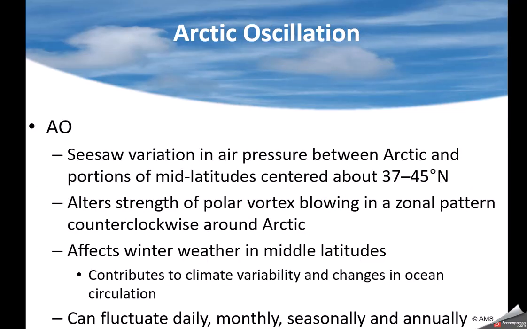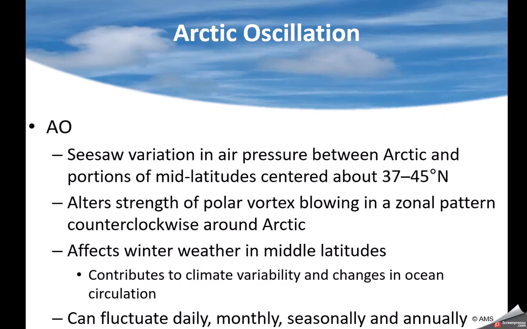Arctic oscillations. Think about this. If you have a very strong low pressure system aloft over the North Pole, the air is blowing very hard. Then all of a sudden that air is flowing less strongly around in a circle. It begins to allow some of that Arctic air out from over the poles, and that Arctic air comes down into the United States. That's what we're talking about with an Arctic oscillation.